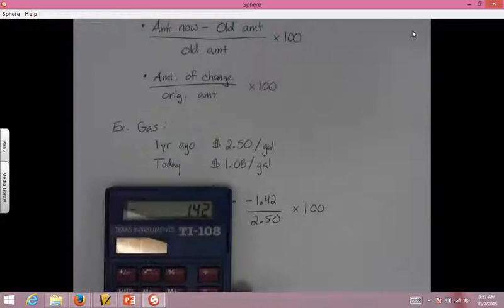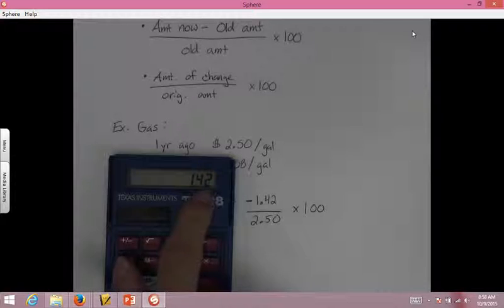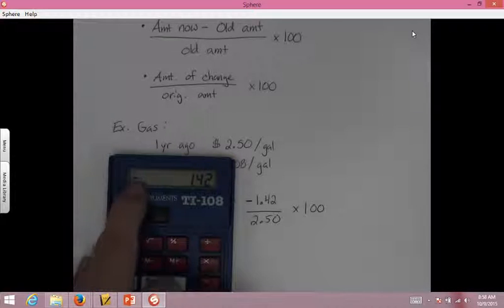So, I type in my calculator, and make sure you're paying close attention, $1.42. To make it negative, see that button right there? If I touch that button once, the negative sign appears. If I touch it again, it goes away, and now it's positive. So make sure that it's negative.